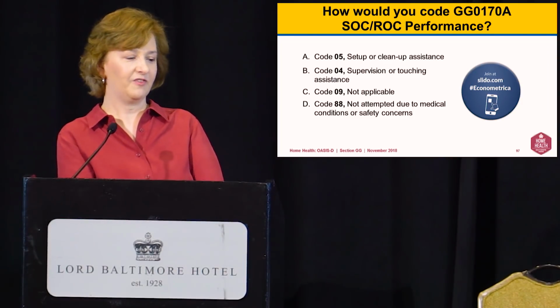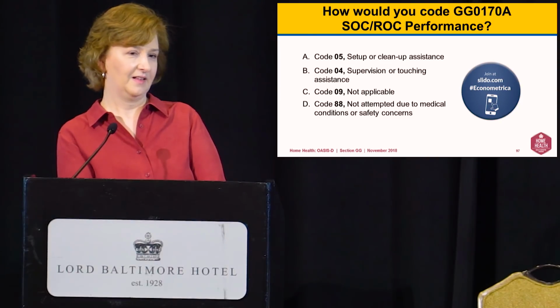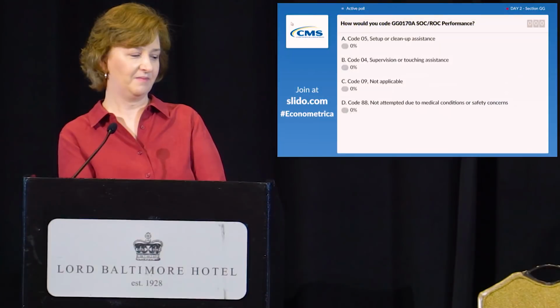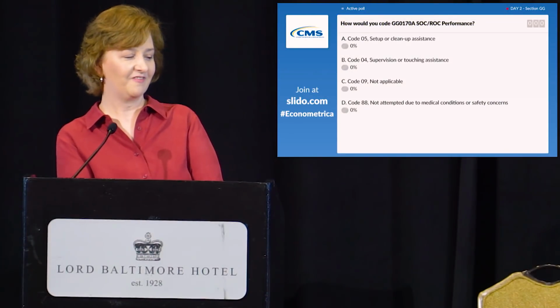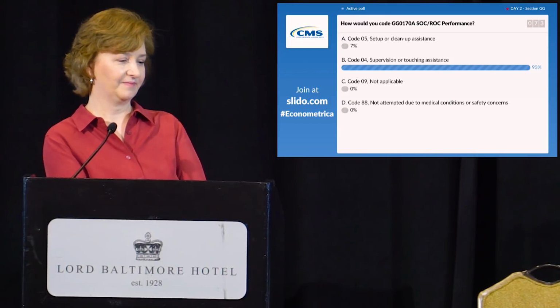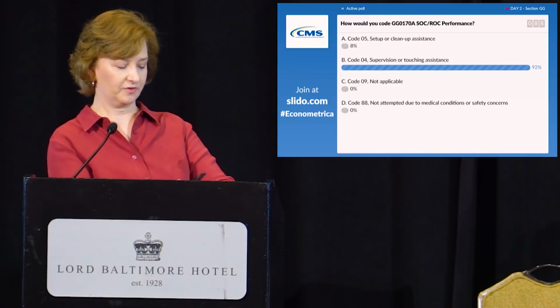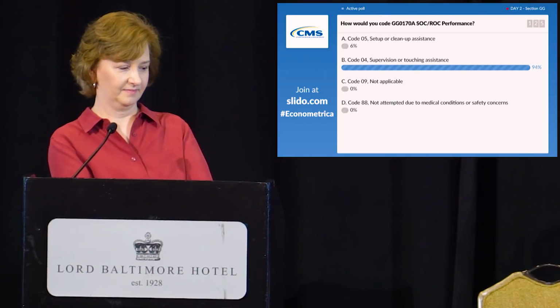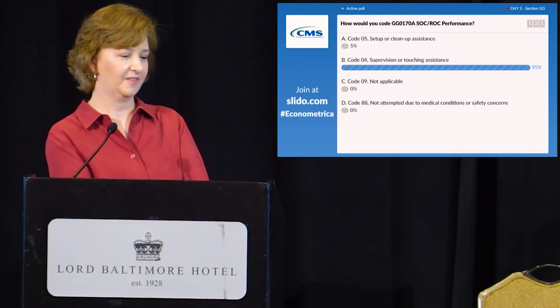So I will let you vote. Let's see, I don't see them coming up here, but there we go. Okay, so you can code 5, 4, 9, or 88. Looks like the votes are coming in. Okay, great.